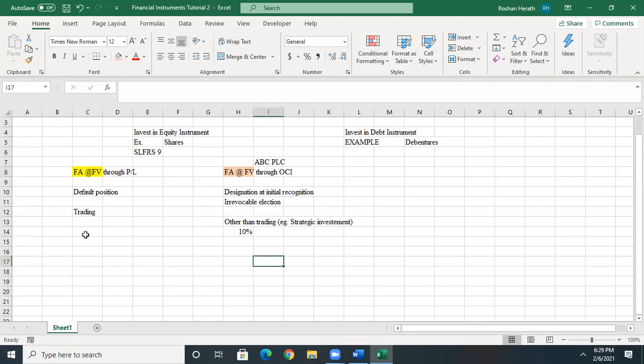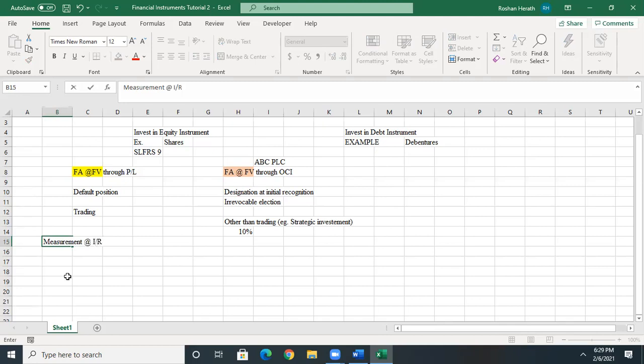Now let's come to the accounting. How are we supposed to account for this instrument? Starting from financial asset at fair value through profit or loss, how are we supposed to recognize that initially, or I would say the measurement at initial recognition?